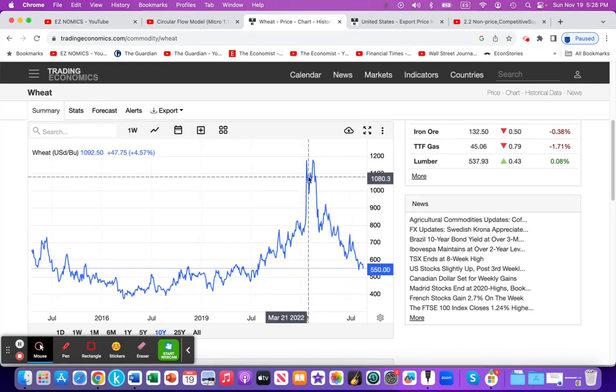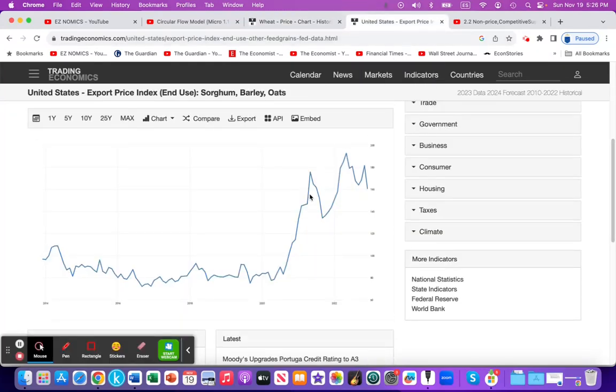So if there is an increase in the quantity supplied of wheat and farmers are reallocating resources away from, let's say, barley, we should see a decrease in the supply curve of barley and also an increase in the price of barley. And is that true? Well, let's look. It seems that it is true. Here we're looking at sorghum, barley, and oats. And in that same period, we see barley, sorghum, and oat prices also rising, going down, but staying high.